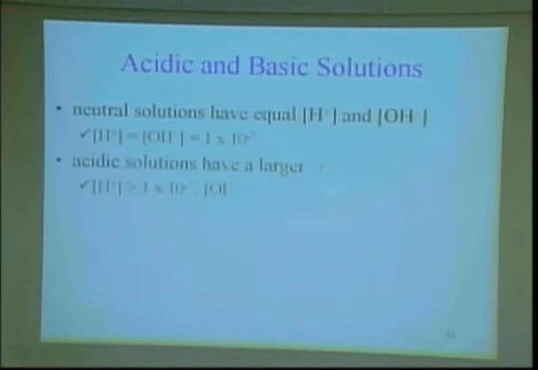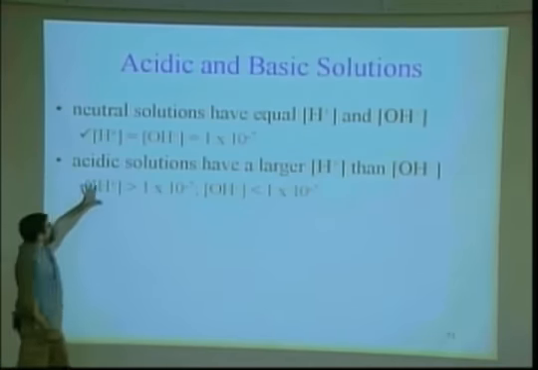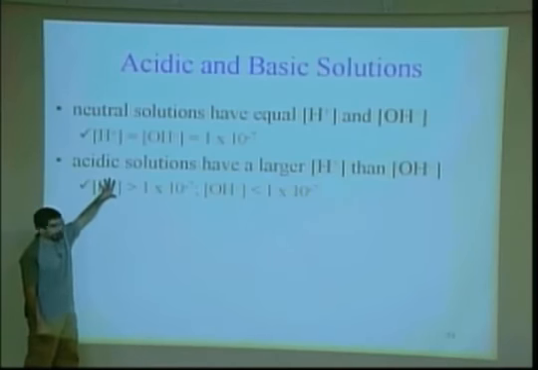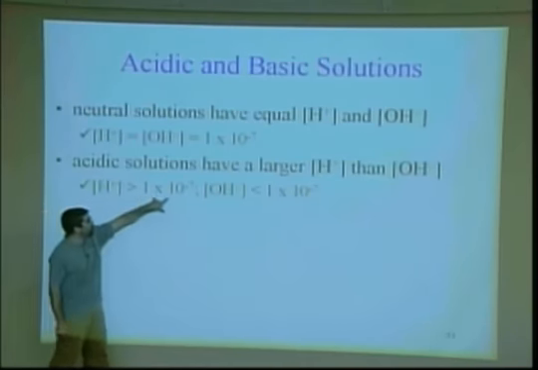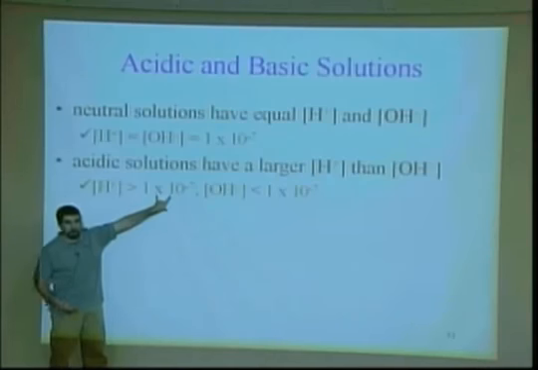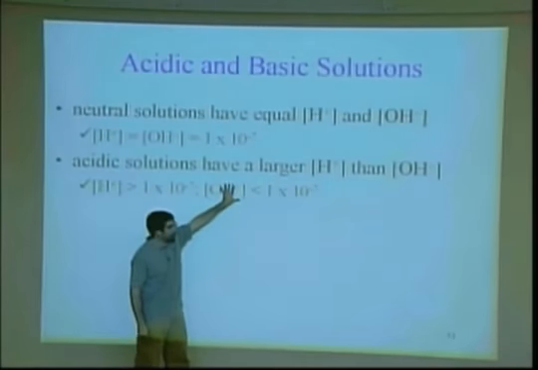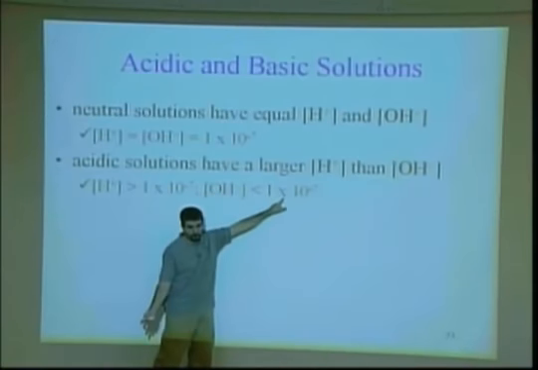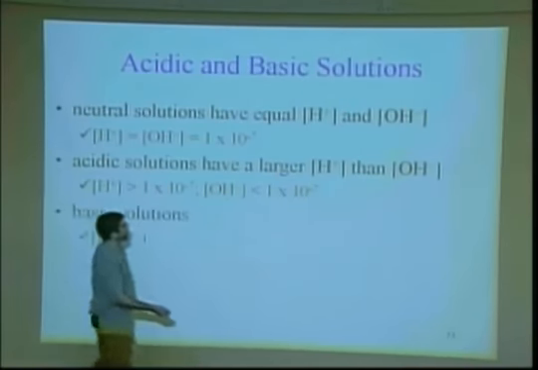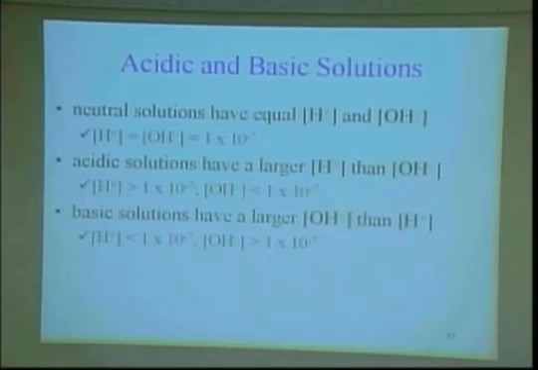Okay. In an acidic solution, you would expect to have a higher amount of hydrogen present. That makes sense. So what would happen is this number, if you were looking at it and measuring it, would be something greater than 1 times 10 to the minus 7. So by default, what must be true is that whatever hydroxide is present must be less than 1 times 10 to the minus 7, right? Okay, in a basic solution, the opposite would be true.